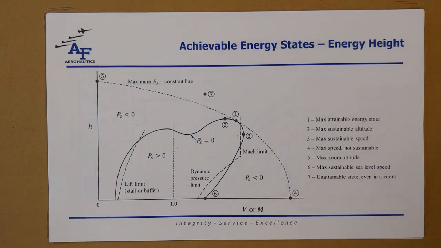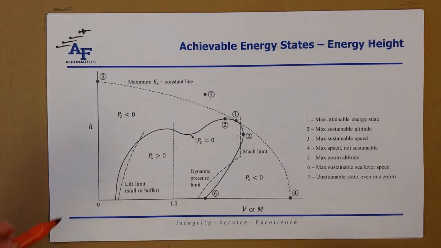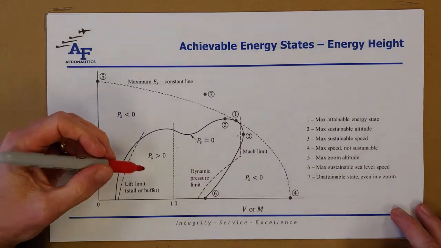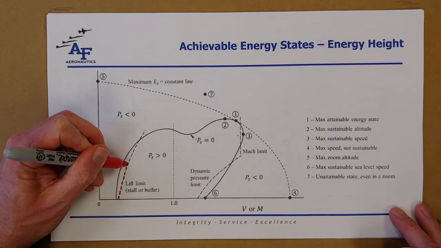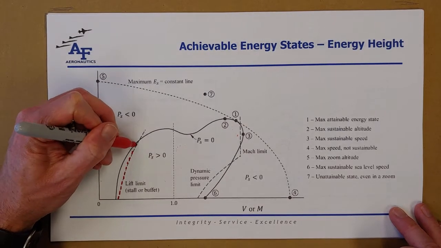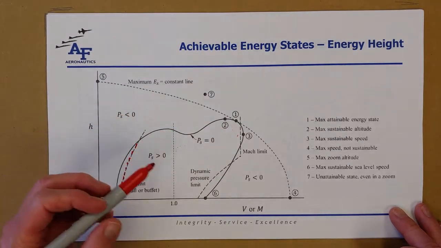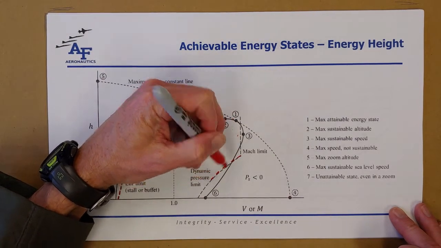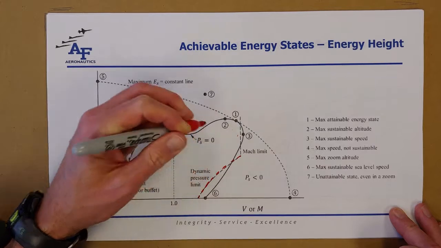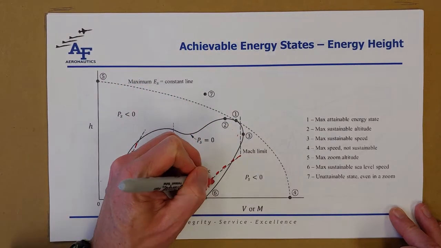So here is a generic P sub S equals 0 envelope. Right here, remember there's a CL max that you can't go greater than. And in some places you can't go any faster because you'll exceed the structural dynamic pressure limit of the aircraft.